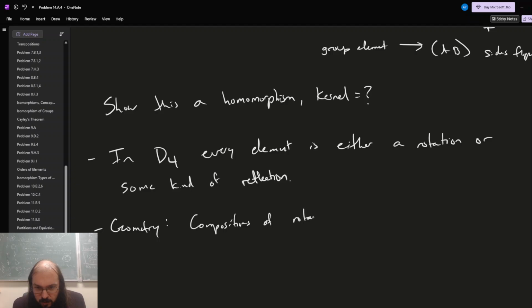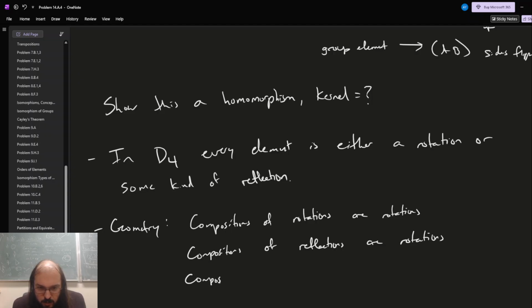Sorry, let's start with rotations. Compositions of rotations are rotations. Compositions of reflections are actually rotations. And compositions, one of each, are reflections.